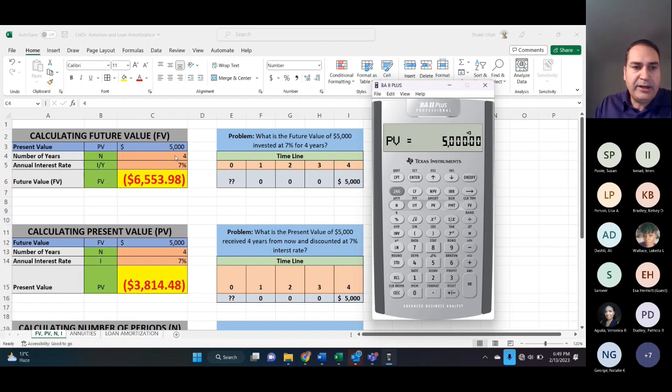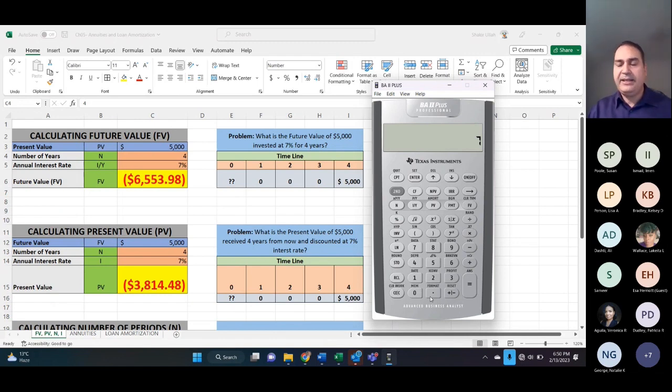When that is done, we have got 4 as the number of periods. So I enter 4, and then I click that N button right here, which is for the number of periods. Now that is also recorded. The third number is the 7% interest rate. One thing that you need to remember in your calculator is that whenever you enter the interest rate, do not enter it as a percentage, like 7%, because it already recognizes that the interest rate must be in percentage.